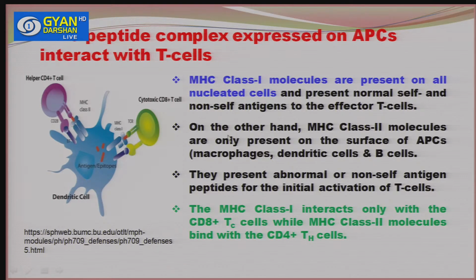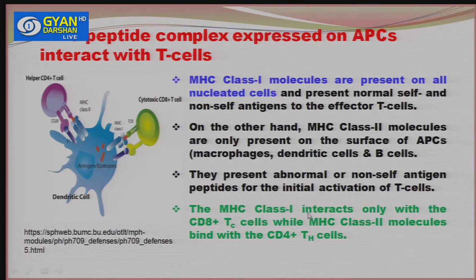On the other hand, MHC class second molecules are only present on the surface of antigen presenting cells like macrophages, dendritic cells and B cells. And they present abnormal or non-self antigen peptides for the initial activation of the T cell.